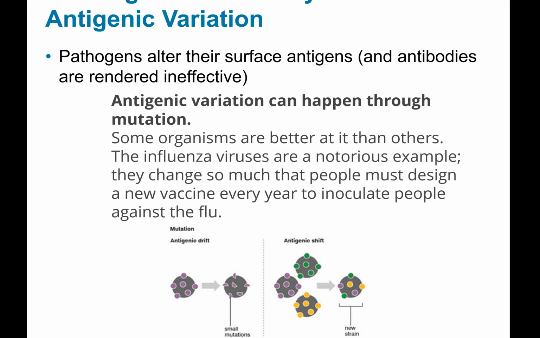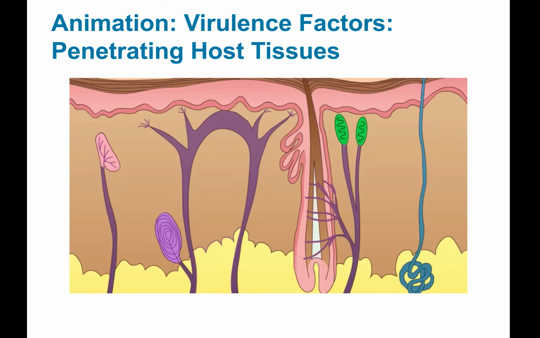Well, what does the pathogen then do in response to that? It changes its surface, right? So that it changes the ability of our immune system to recognize the pathogen. So some pathogens can mutate very rapidly on a regular basis, and it makes it really hard for our immune system to destroy that pathogen because it can't keep up if it keeps mutating.